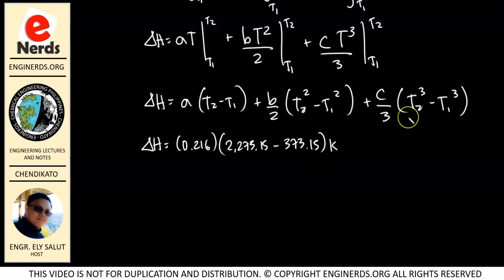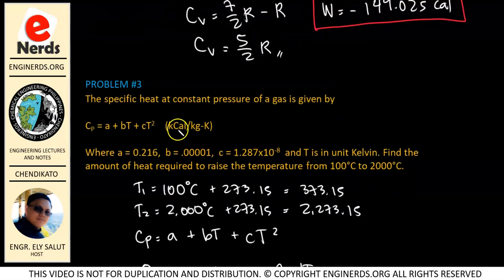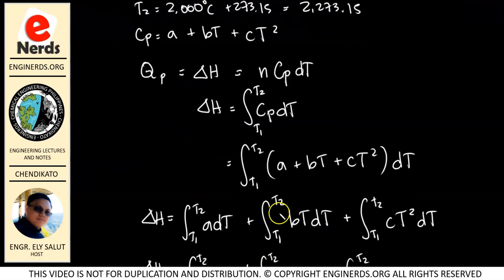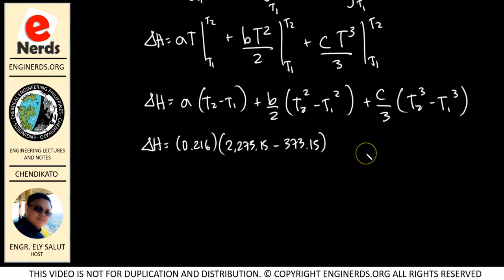Anyway, let us remove our units, because we know that the answer will be in kilocalories per kilogram because we are multiplying temperature in all of our terms. So, plus our B over 2.